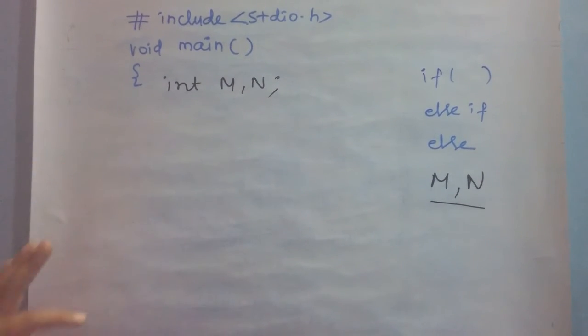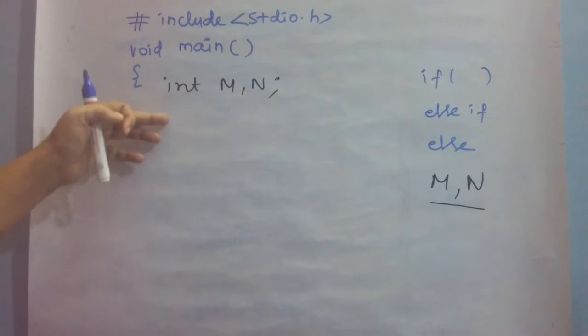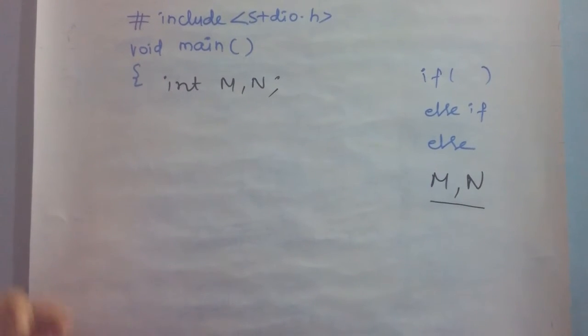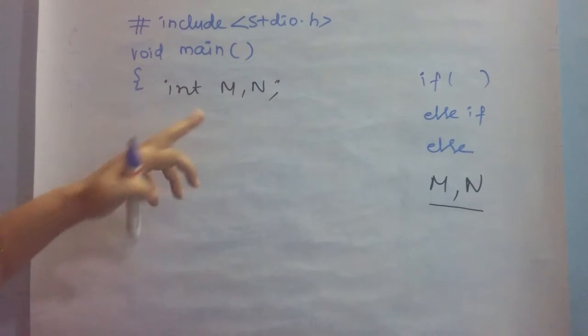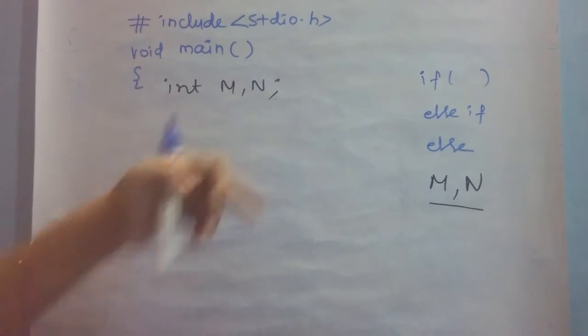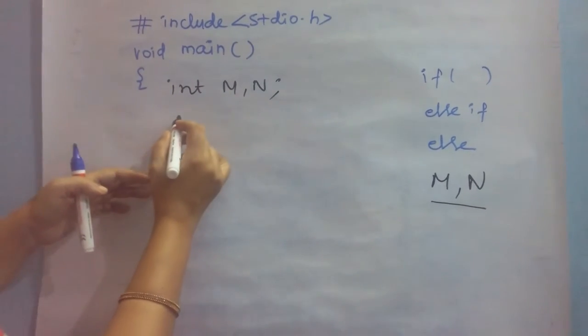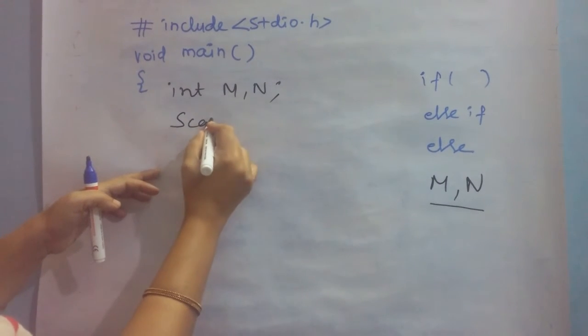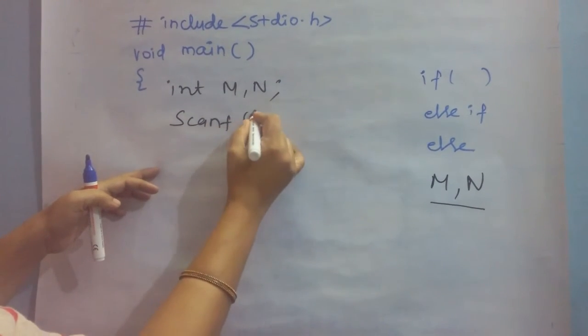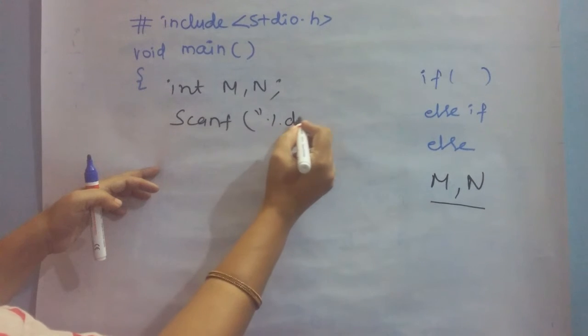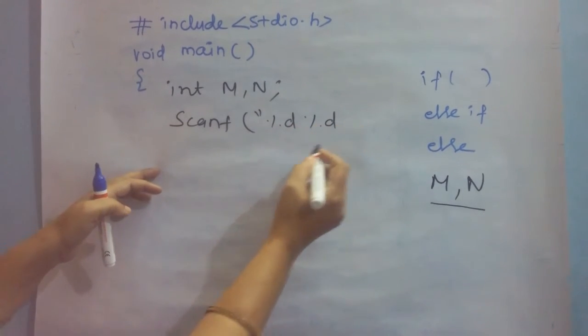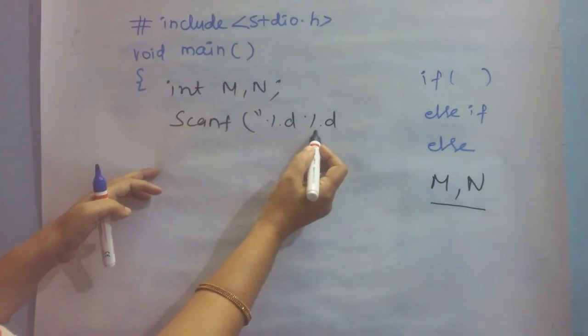Once the declaration is over, get values for the variables you are using inside the program. We need to get values for m and n. Using the scanf function, I'm going to get values for m and n using the control string %d.